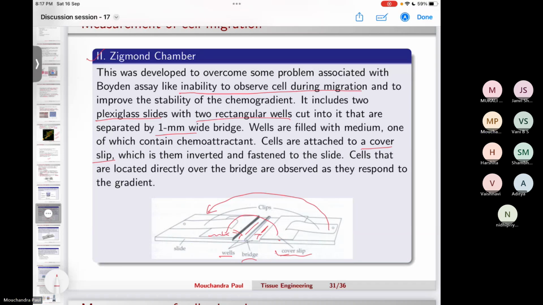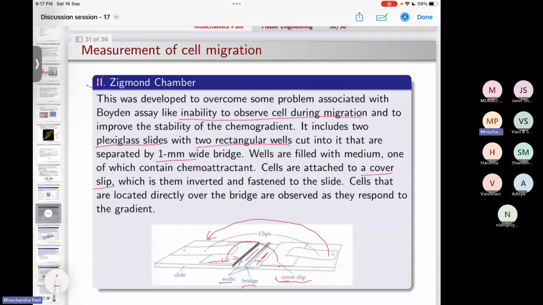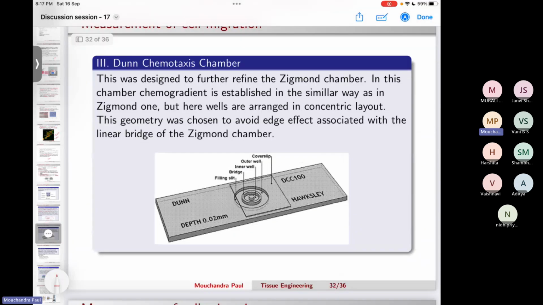But again, there is a limitation: the wells have a rectangular geometry, so edge effects will come into place. To solve this, another chamber was made, the Dunn chemotaxis chamber. Here the same thing is happening, but the wells are present in a concentric manner.